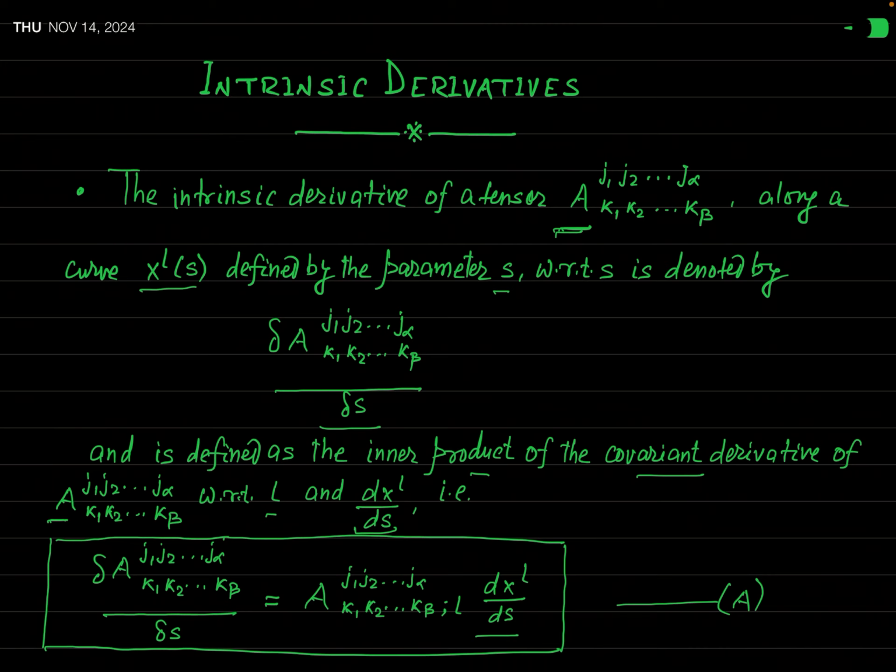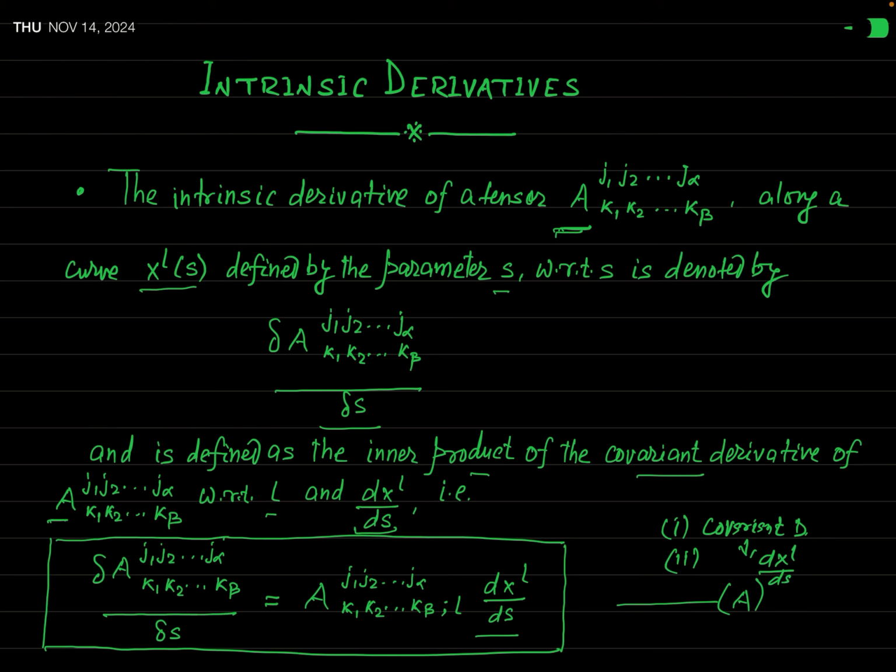So how can you find the intrinsic derivative? The first step is, first of all, we will find the covariant derivative of the given tensor. And after finding the covariant derivative, we will multiply this covariant derivative and this factor dx^L by ds.